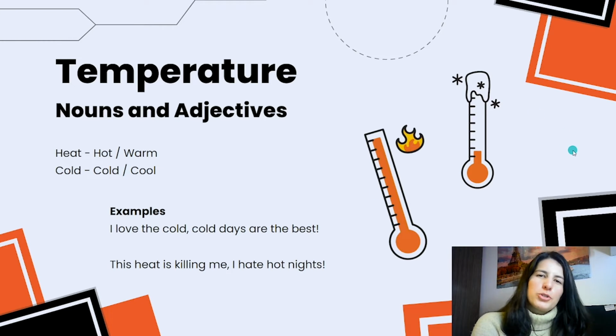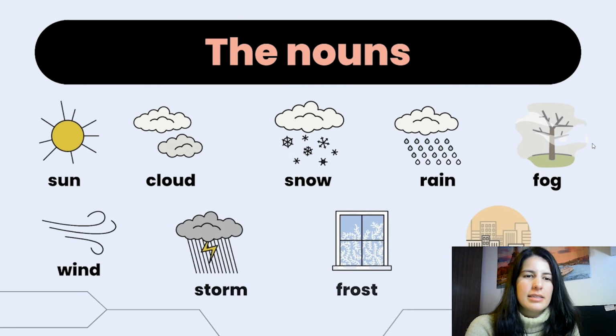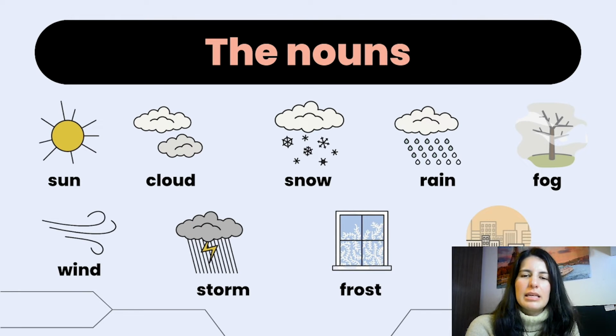But even more so, when we talk about the weather, we will find nouns just like these ones. These are the most common nouns that we will find. We got the sun, clouds, snow, rain, fog, the wind, storm, frost, haze, and many others that you can find in our booklet of adjectives, okay, over here in our materials of the course.